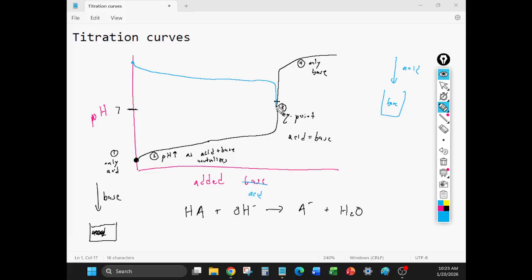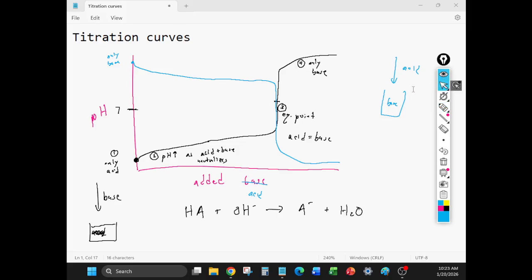From there, you'll have that spike down, and then it'll level off because you only have acid. So if you are doing it the other way, it's just a flipped version of the titration curve, because if you only have acid, the pH will be less than 7. If you only have base, the pH will be greater than 7. So you're just pretty much flipping it because you're starting at different spots.